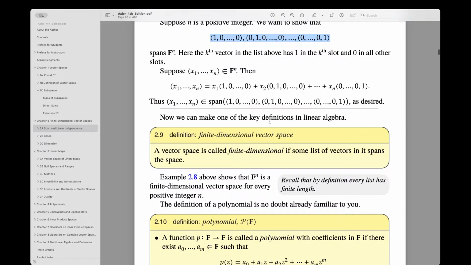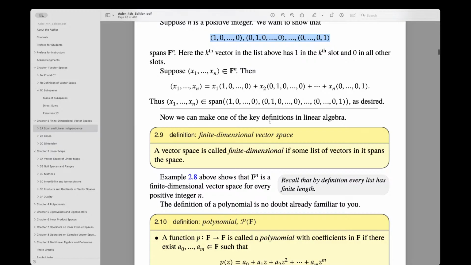And now we can finally give the idea of a finite dimensional vector space. For a finite dimensional vector space, we need a list of vectors that spans the space. It's quite important to realize that lists have to be finite length.